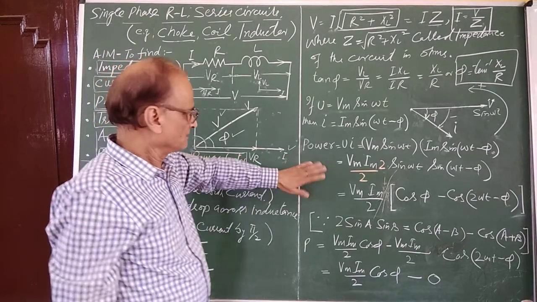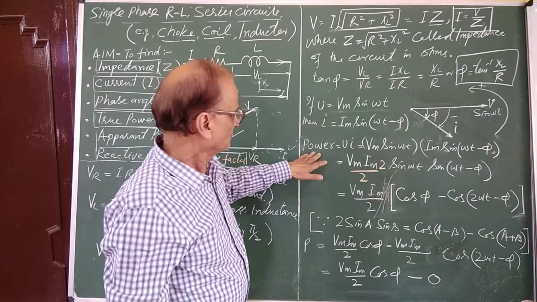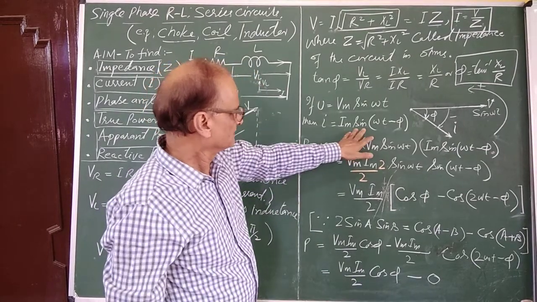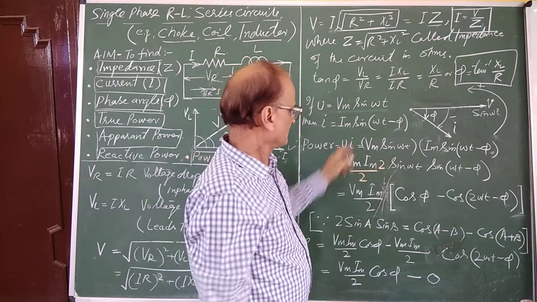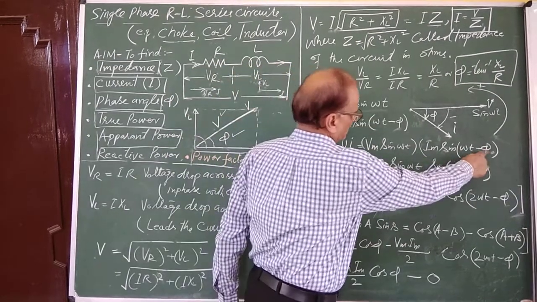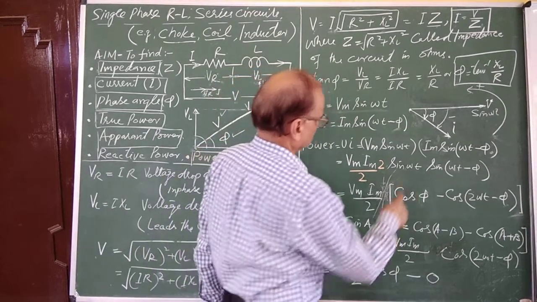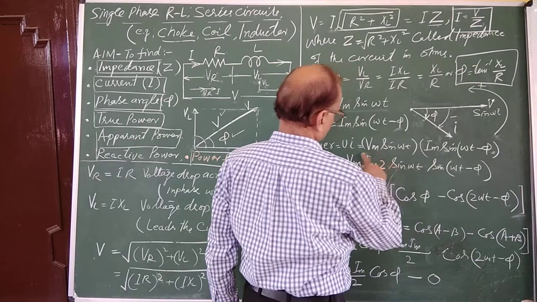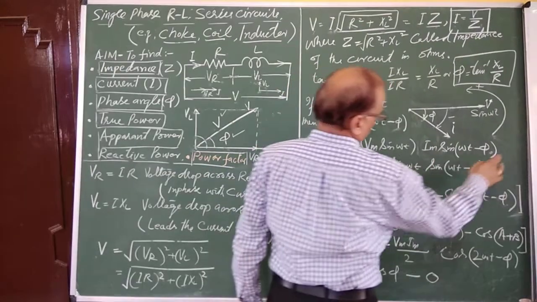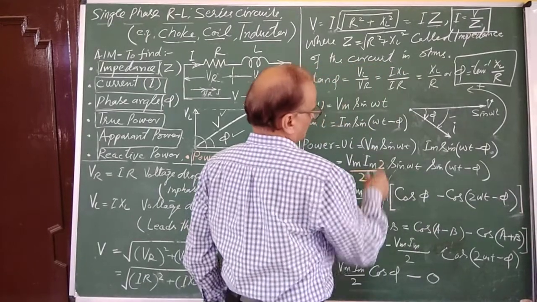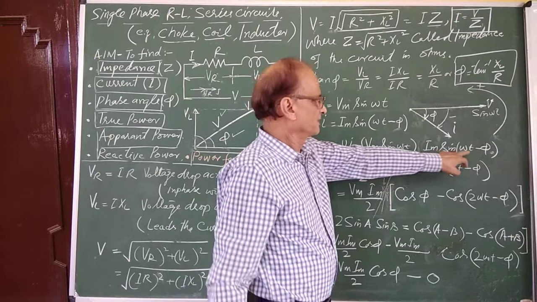Now we'll calculate the power. Power is equal to V into I. V is Vm sin omega t, and I is Im sin of omega t minus phi. So power is Vm sin omega t into Im sin of omega t minus phi.